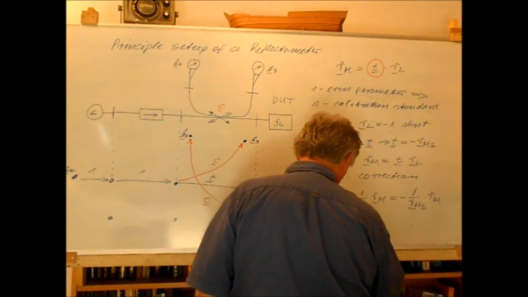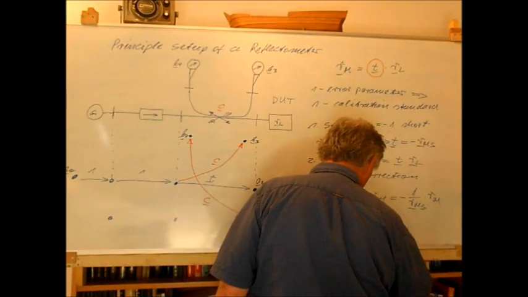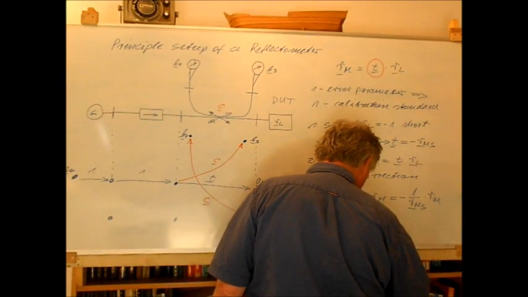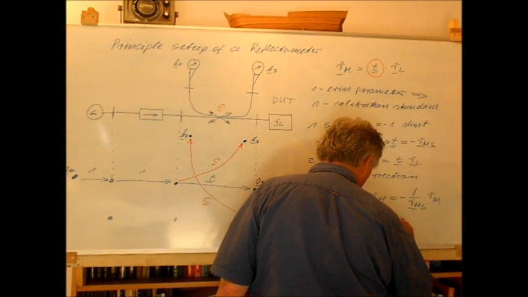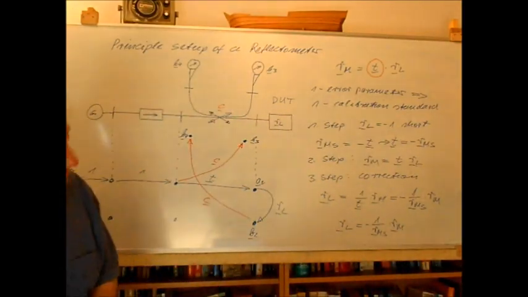This means now RL will be equal to minus 1 over RMS times the measured reflection coefficient Rm.